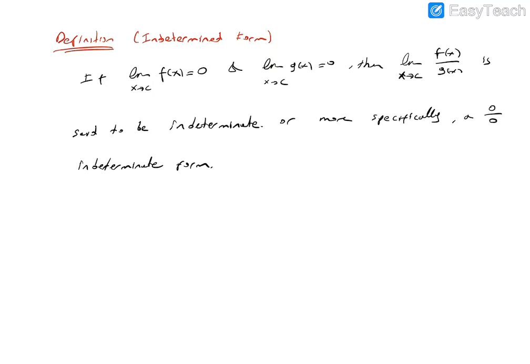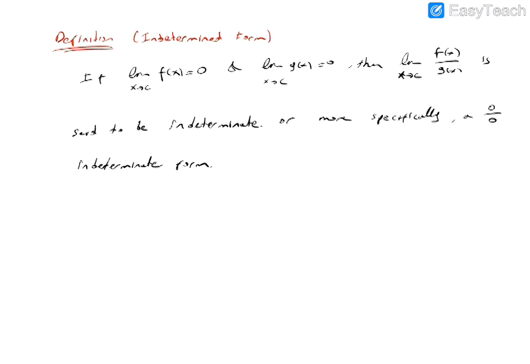If the denominator of the quotient approaches 0 and the numerator approaches a non-zero number, then the limit of the quotient is not an indeterminate form, okay? In fact, in this case, the limit of the quotient does not exist, as I said before, okay?